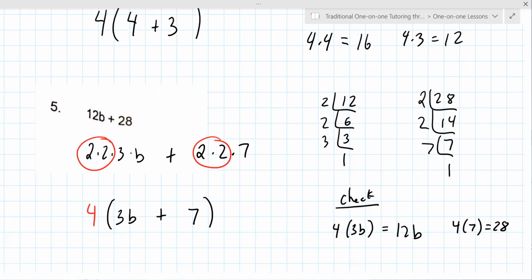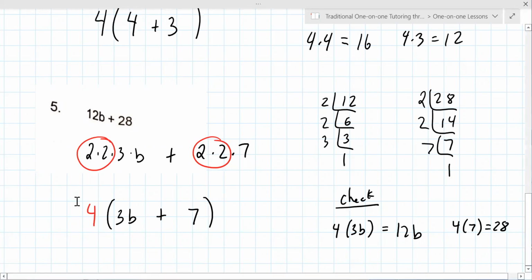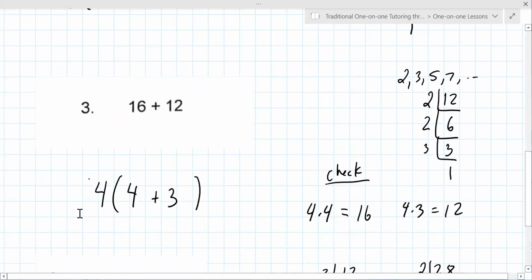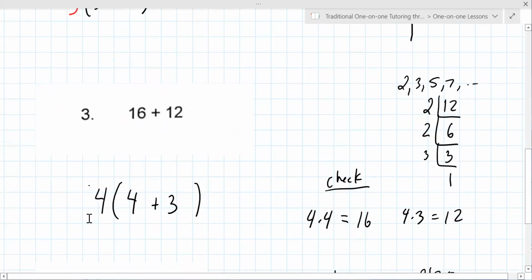Also, for these numbers, like for number 3, we're simplifying it down to an easier way to do it, but would it be meant for larger numbers? Because I could do 16 plus 12. Yeah, the idea is that you learn this approach and then you can do it for larger numbers.